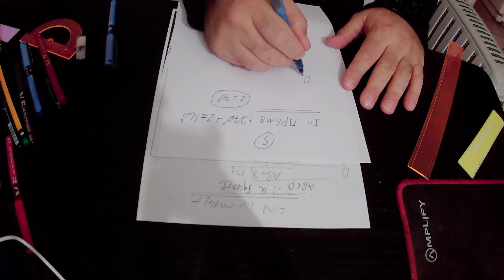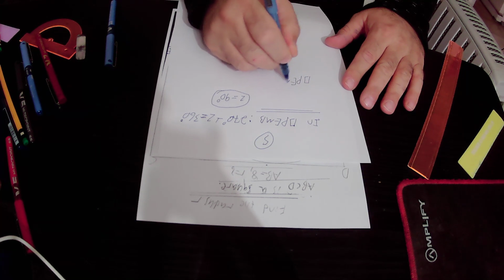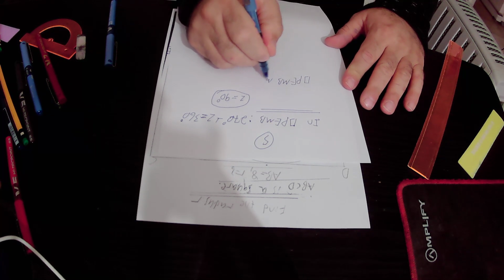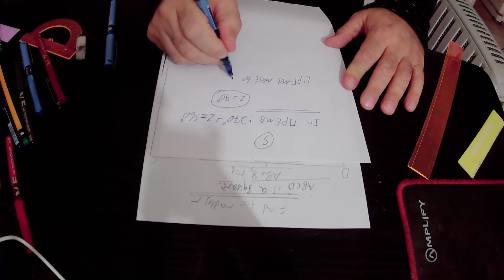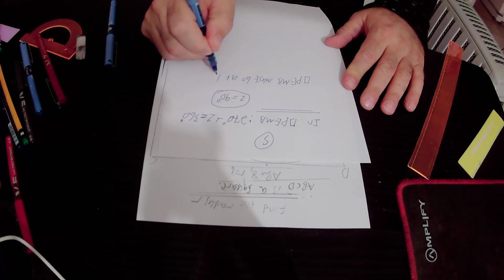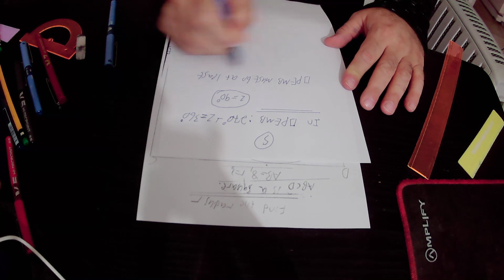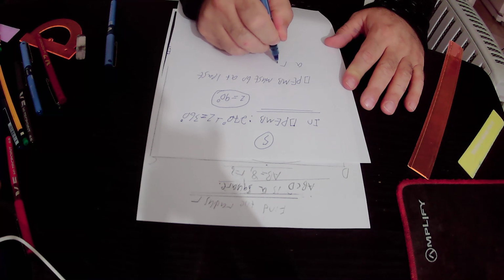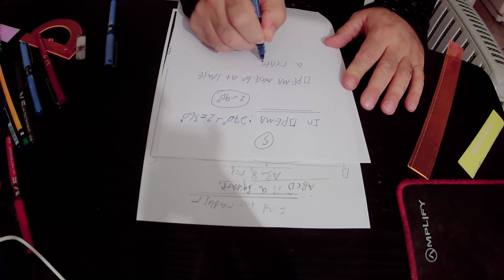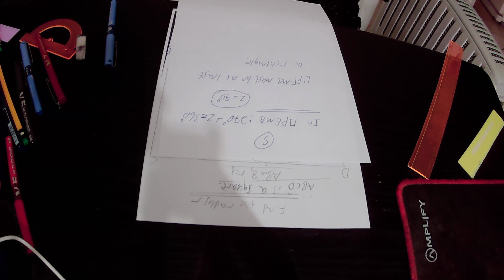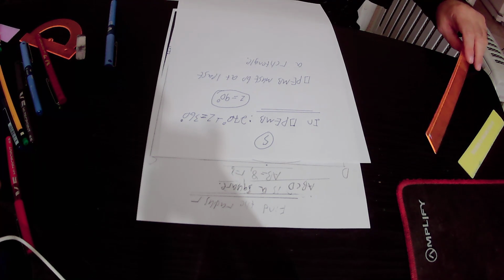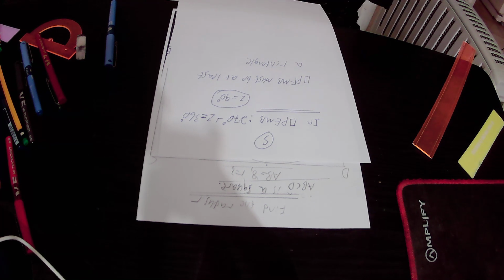Quadrilateral PEMB must be at least a rectangle. If not a square, it must be at least a rectangle.